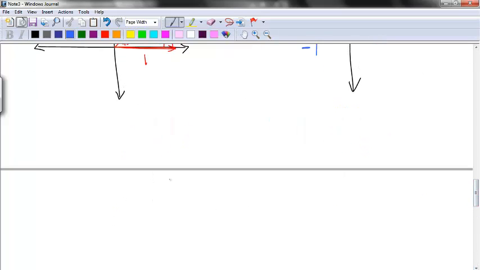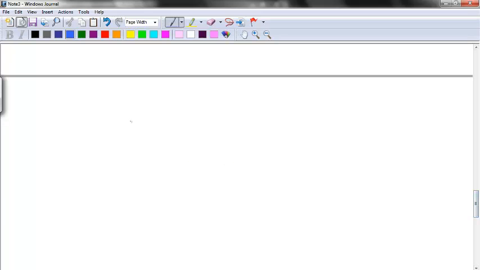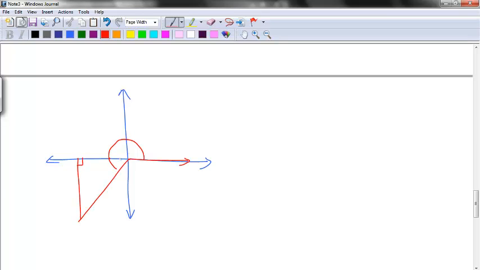Okay, let's go into quadrant 3. If we do quadrant 3, 225 degrees. We'll do a sketch for 225. So you start on the positive side, go 180 and 45 more. Okay. So this is for 225.